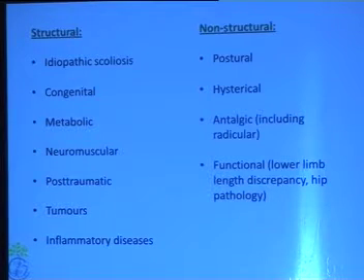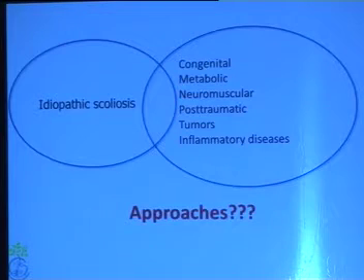The structural is idiopathic, congenital, metabolic, neuromuscular, post-traumatic, tumor deformity, and inflammatory disease. Non-structural: postural, hysterical, antalgic, and functional deformity. What are the approaches to spinal deformity of any etiology?